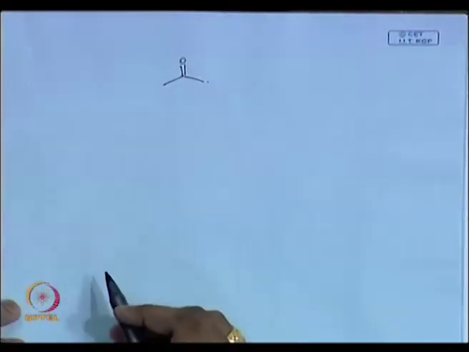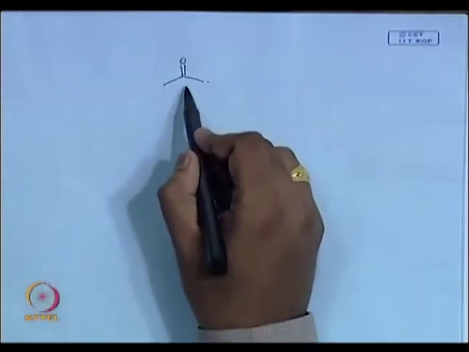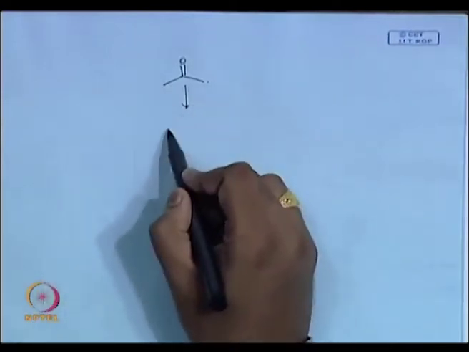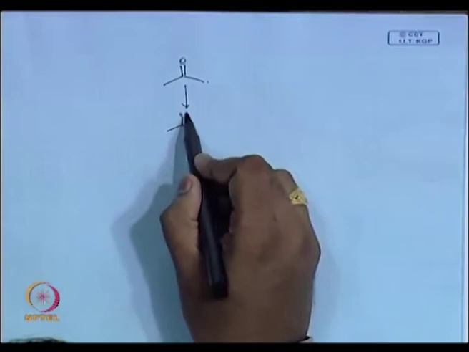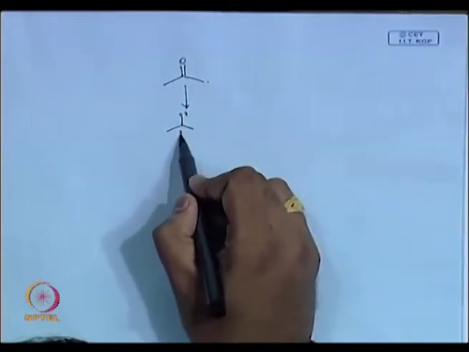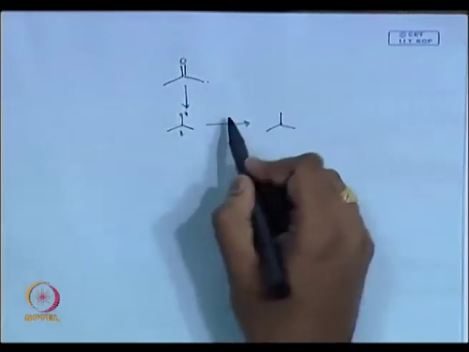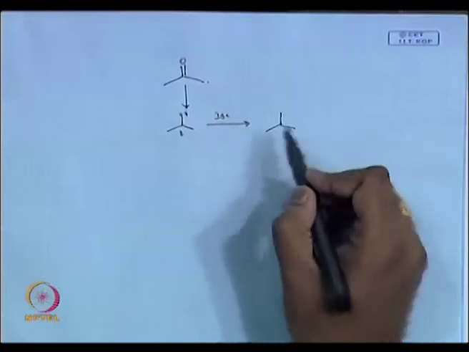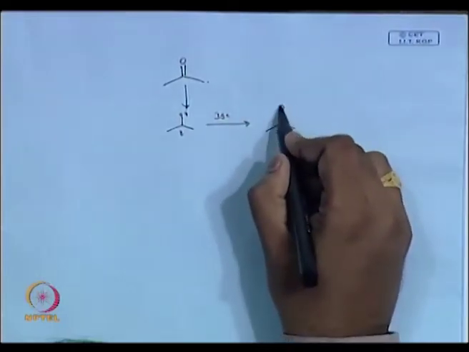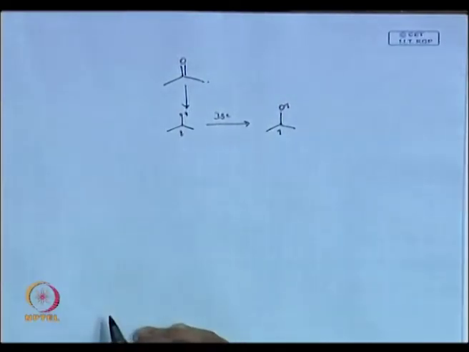Just to summarize, you have a carbonyl, and this carbonyl can go to singlet and then undergoes nice intersystem crossing, which we have seen in carbonyl chemistry. Intersystem crossing is facile to give me a triplet, right.